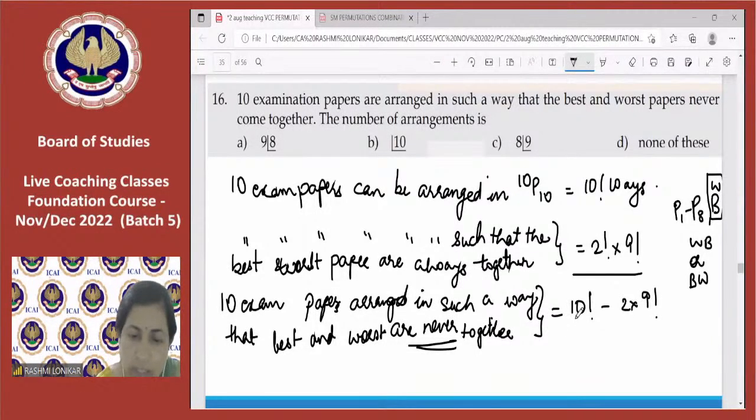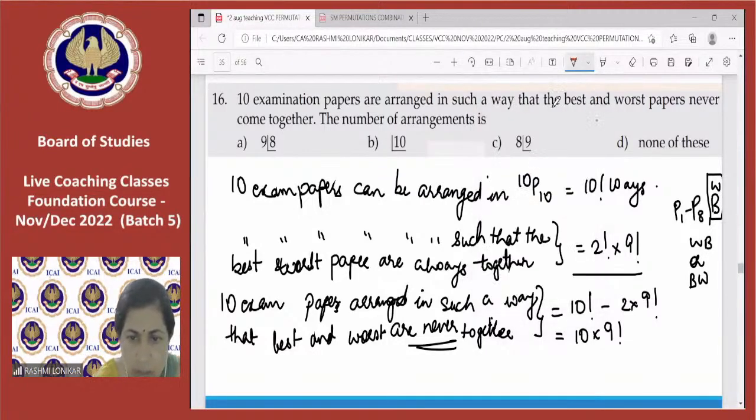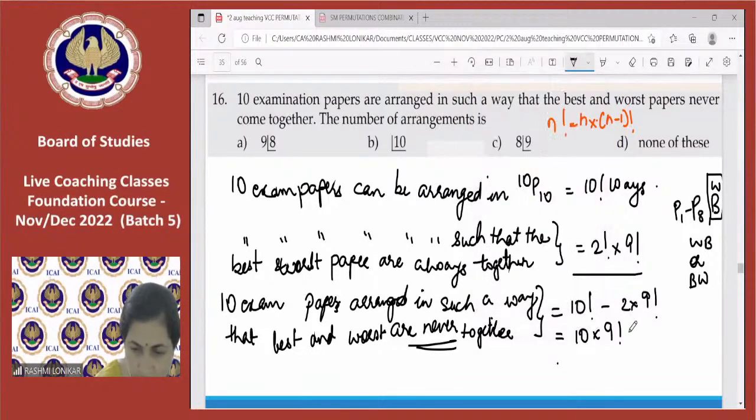Now 10 factorial, I can write it as how much? 10 into 9 factorial, right? Because I know that n factorial can be written as n into n minus 1 factorial. This is the formula I have used over here. So this is equal to 10 into 9 factorial minus 2 into 9 factorial.